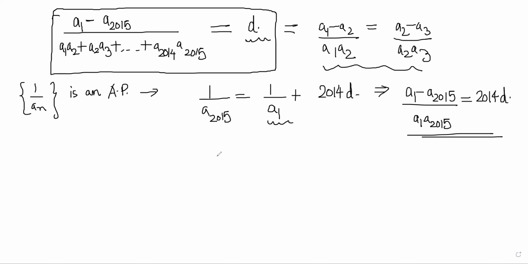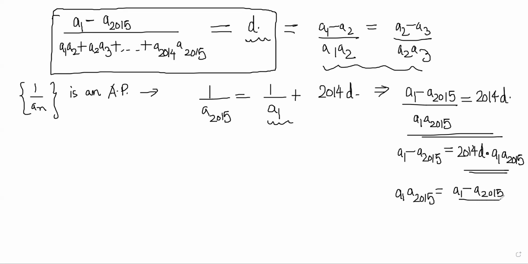Right? Correct. So what we get here is a1 minus a2015 is equal to 2014D multiplied by a1 a2015, right? Correct. Now, from here we can basically say that a1 into a2015 is equal to (a1 minus a2015) by 2014D, right?